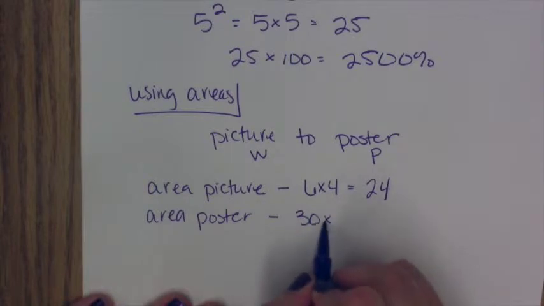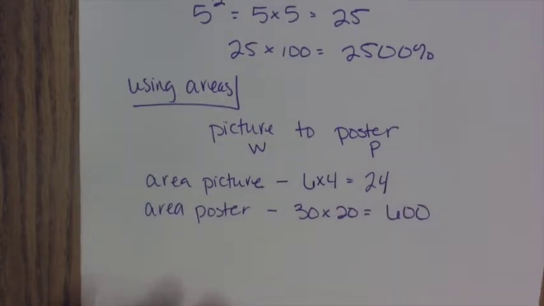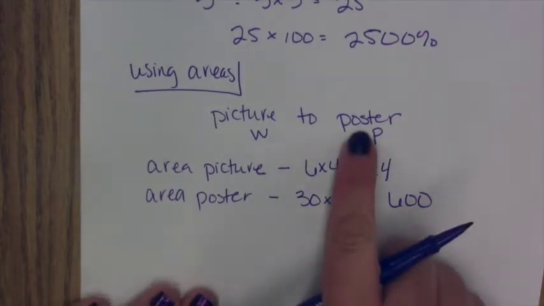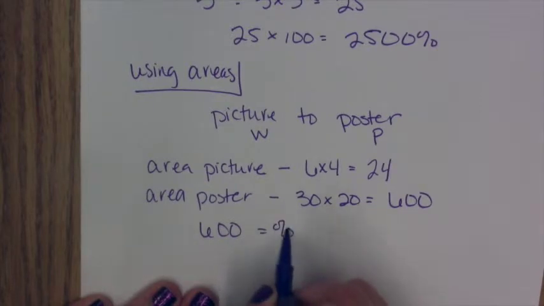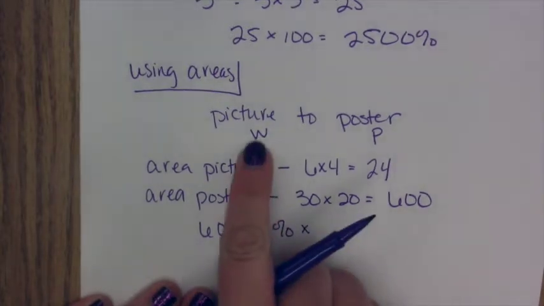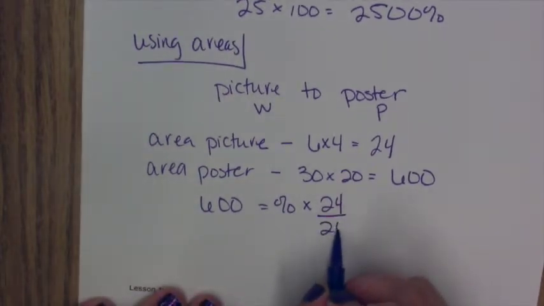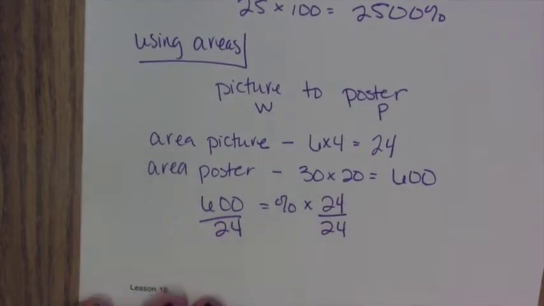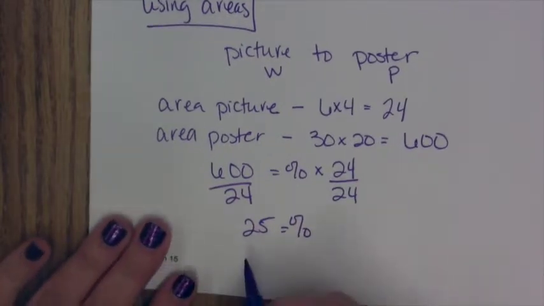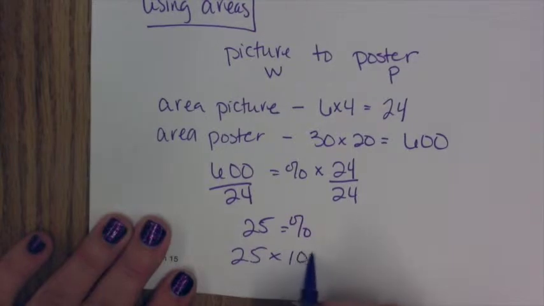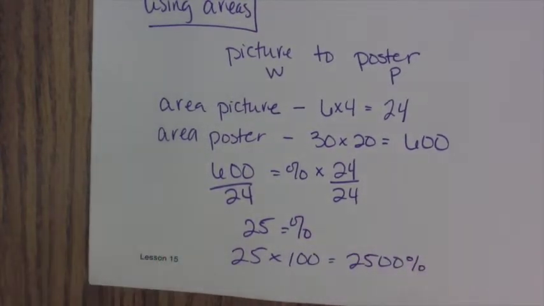So 30 by 20 or 20 by 30, which is 600. All right, so we're going to do our area of our poster, our part, 600, is equal to the percent times our whole, which is our picture, so 24. To solve for our percent, we divide by 24, and we get that our percent would be equal to 25, and then we need to change that to a percent, and we get the same answer as before.